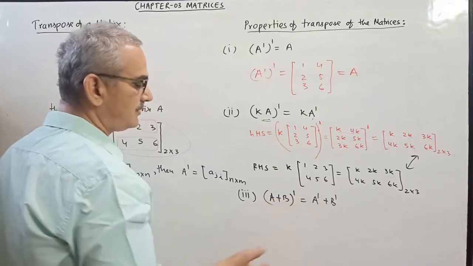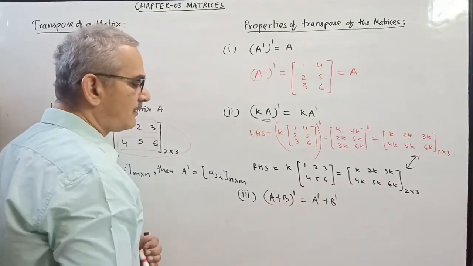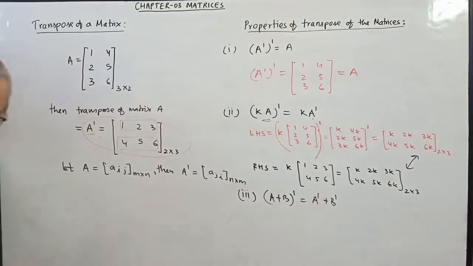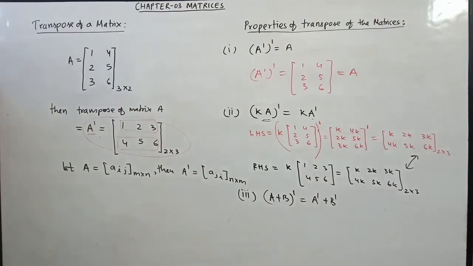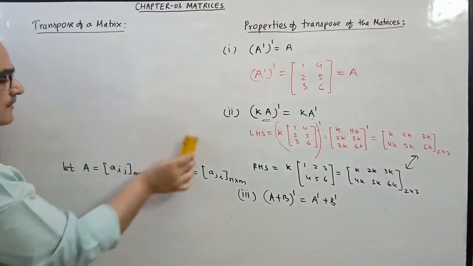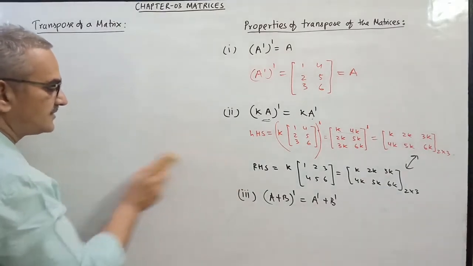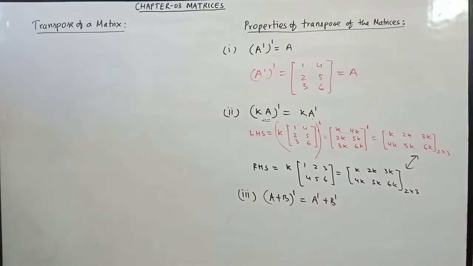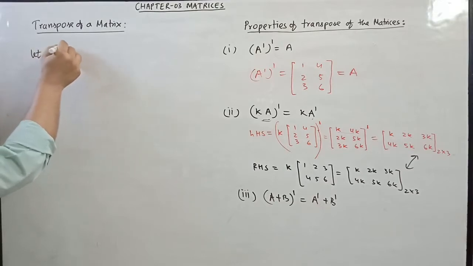In either way we can do it. So let's take an example. You know that in matrix addition, two matrices can be added only when their order is the same. So we have to take the two matrices in such a way that their order is the same.